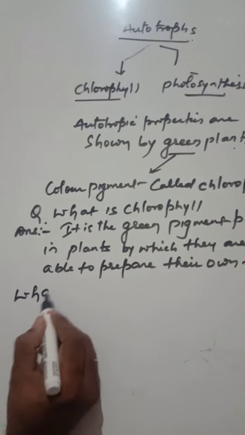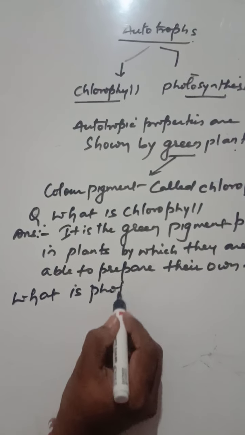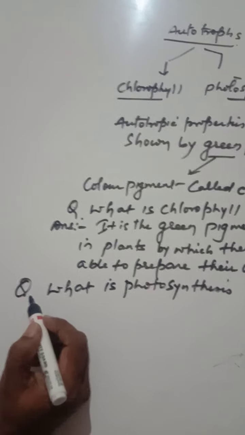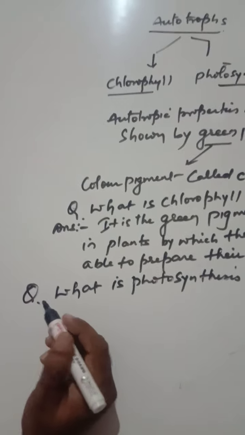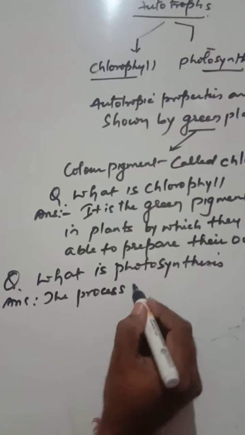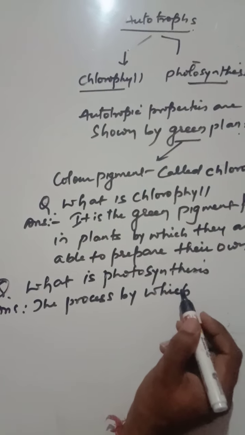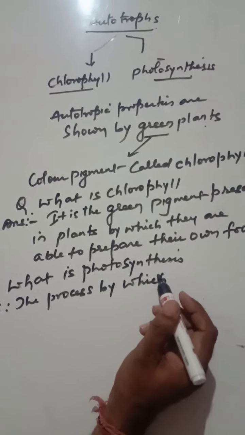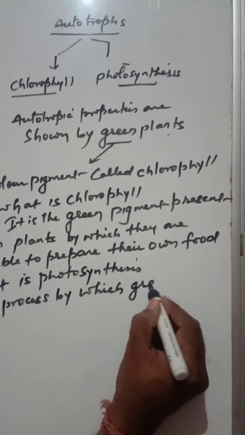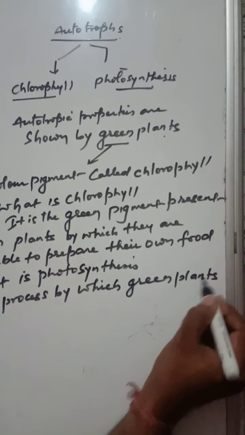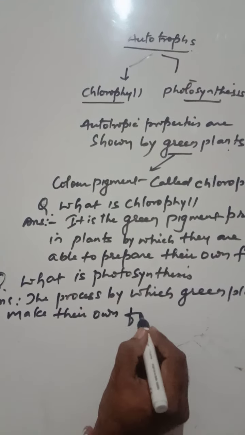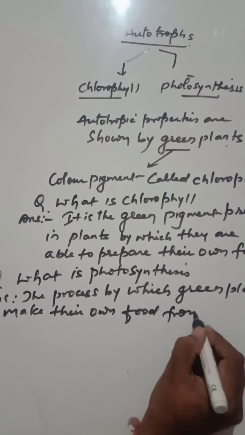Then the next question is, what is photosynthesis? A term is there. So photosynthesis is the process by which this chlorophyll, means green pigment, plant means green plants, by which green plants make their own food from carbon dioxide, and water, by using sunlight.